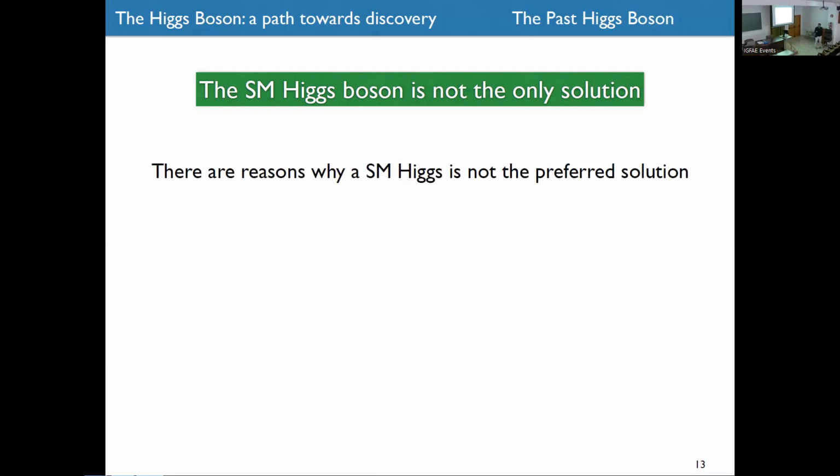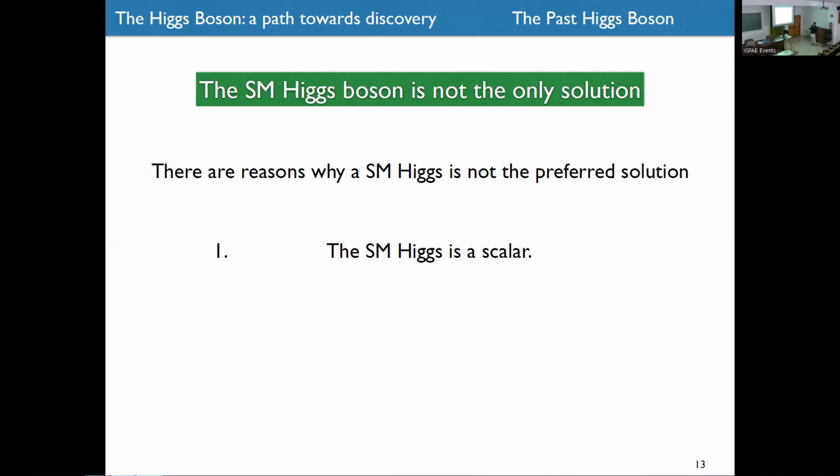And I could argue that at least in 2009, the standard model Higgs was not, in fact, the preferred solution for this puzzle. And well, you say, it's weird because everyone studies the Higgs mechanism. It's true. But there are a few striking things that make you think that maybe something fishy is going on.